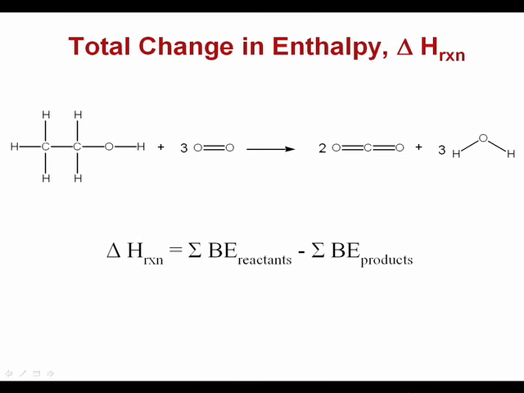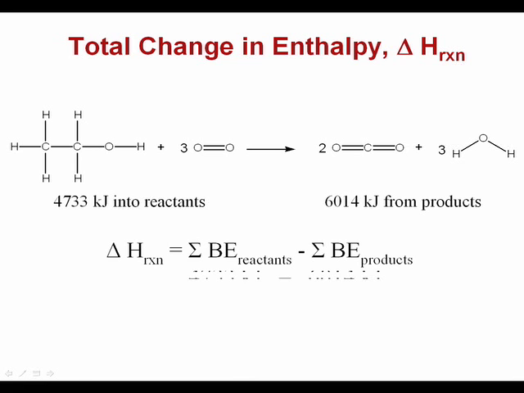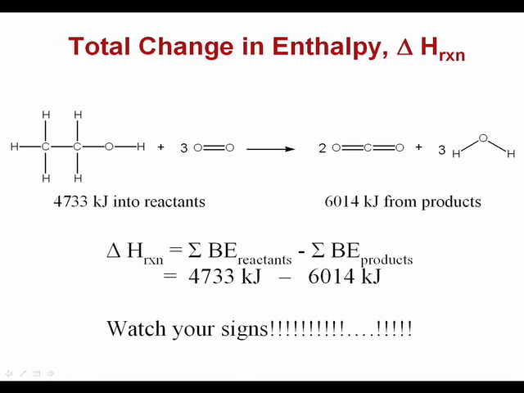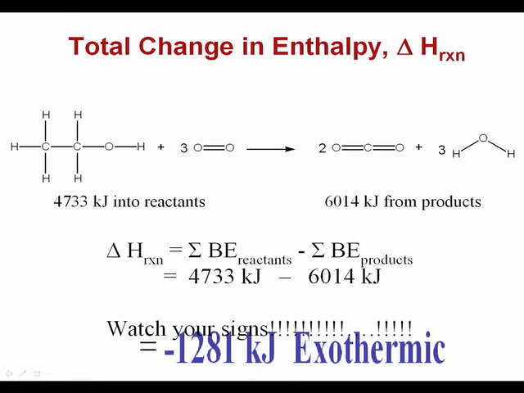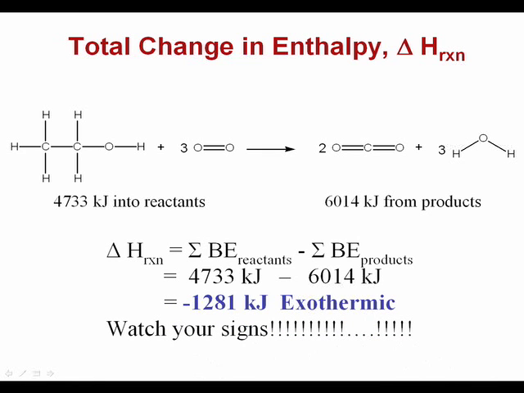Now we can tally it up, the whole thing, and like I said, we will have 4733 for the reactants, 6014 kilojoules from the products. We subtract the products from the reactants, and we get, watch your signs, a total of 1281 kilojoules coming out of this reaction. It is exothermic.